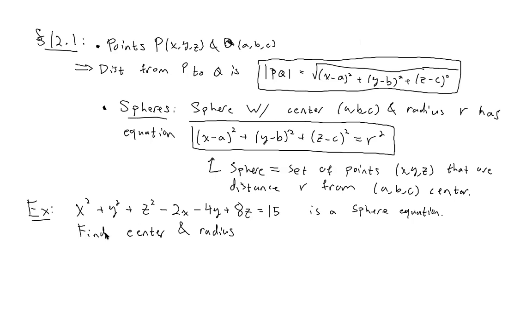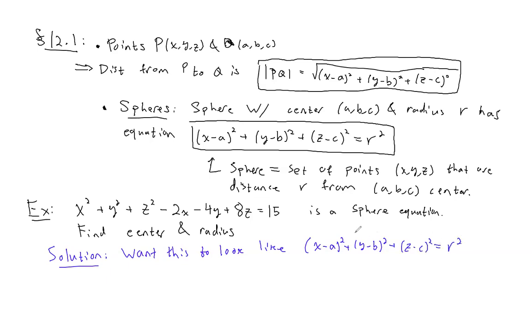The solution of this is we want it to look like our sphere equation that we're used to, X minus a squared plus y minus b squared plus z minus c squared equals r squared.